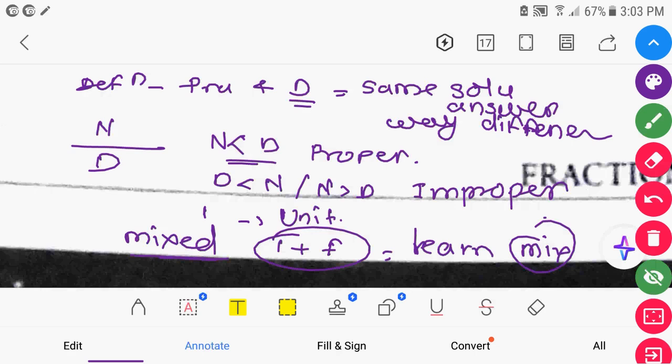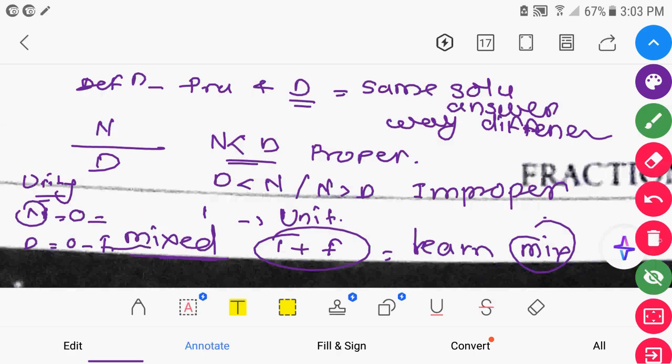Okay, then we learned about some properties of the fraction, like property of unity. Then we learned that if the numerator is 0, the value of fraction is 0. But if denominator is 0, then fraction has no meaning.